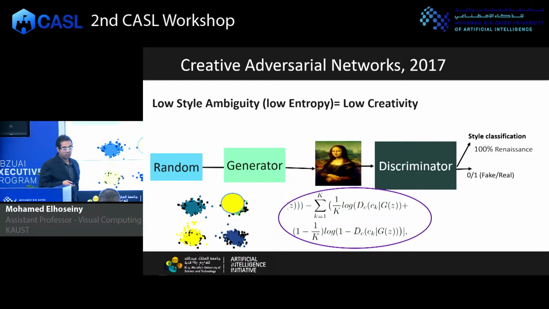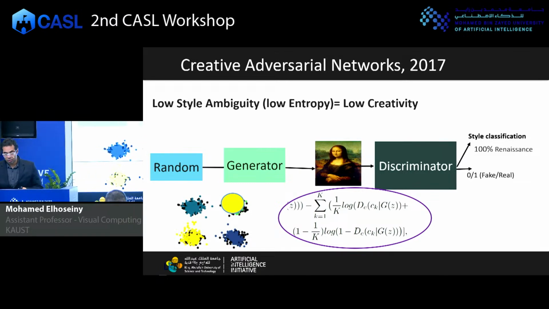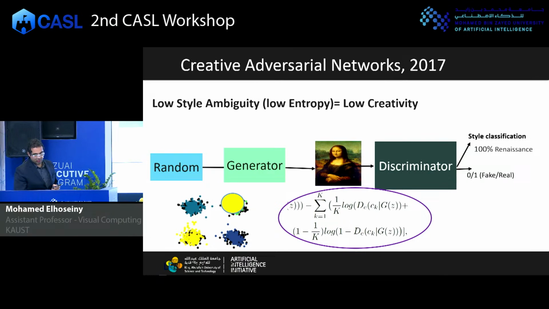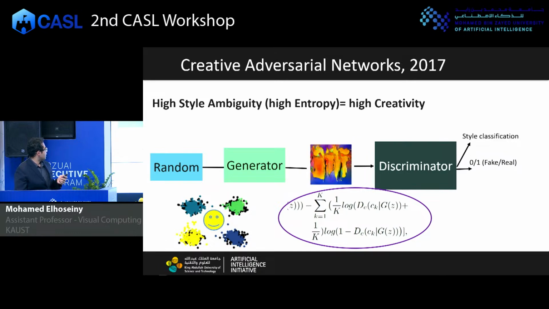If I have an image like the Mona Lisa, I want this to predict that this is real, and also to predict in the style classification head that this is the high Renaissance art style. This is from the discriminator training side.